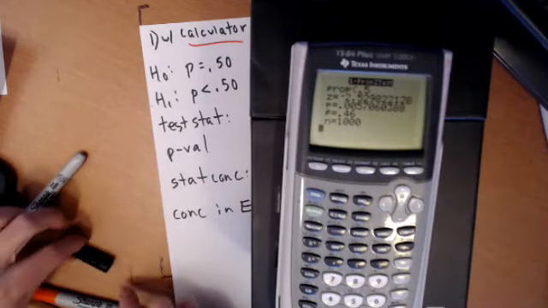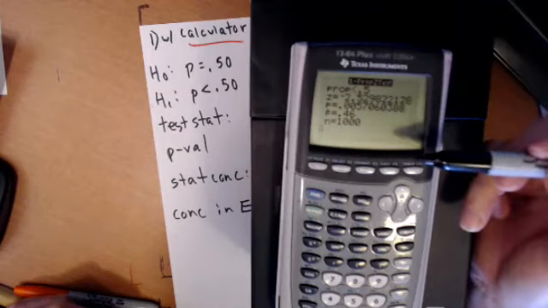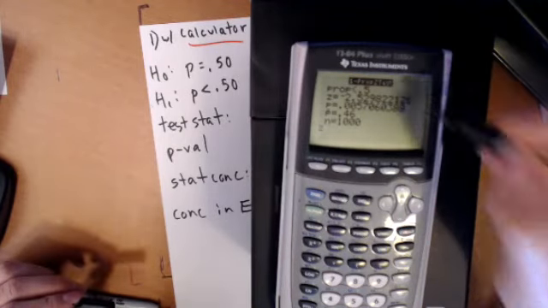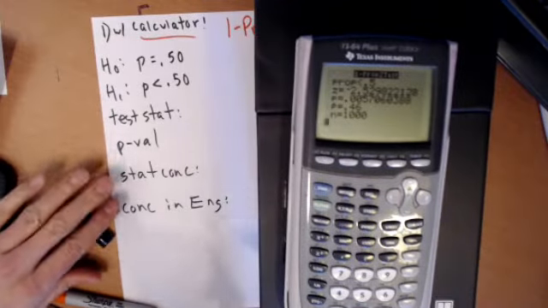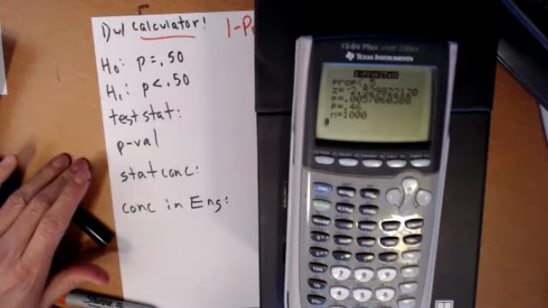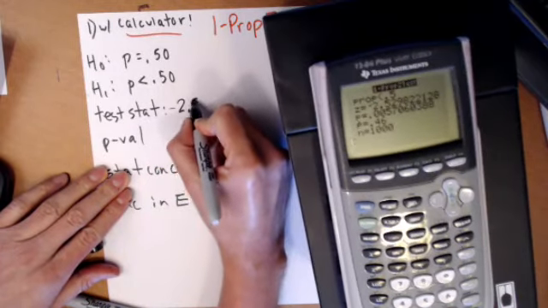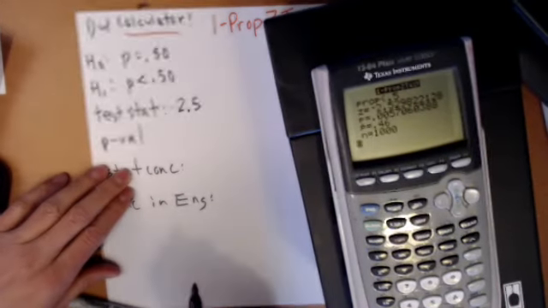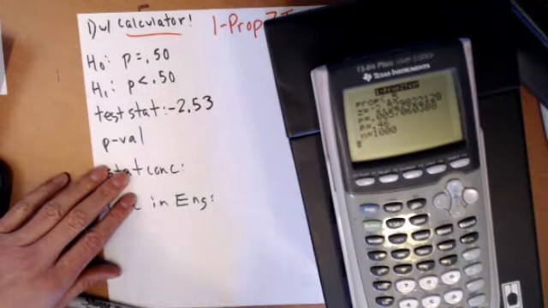It gives me my test stat, my Z. Let me slide this over a little bit. Z, negative 2.5298. I'll just call it negative 2.53.